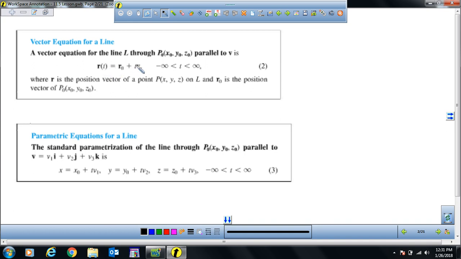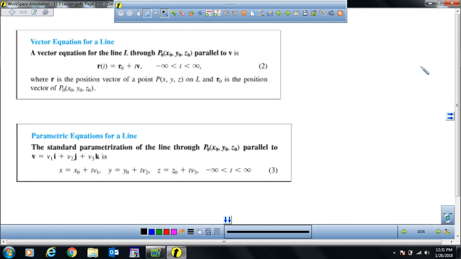The parameter t gives us a better description of a vector's starting position and ending position as we increase the value of t. So the position of the vector would be the initial position, r sub 0, plus the vector v times some increasing parameter t.